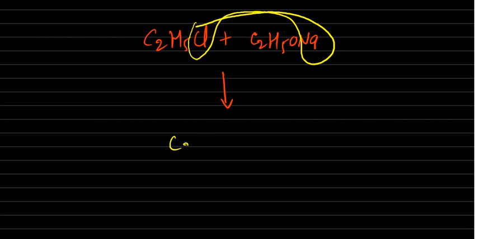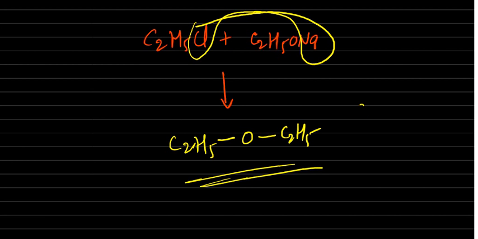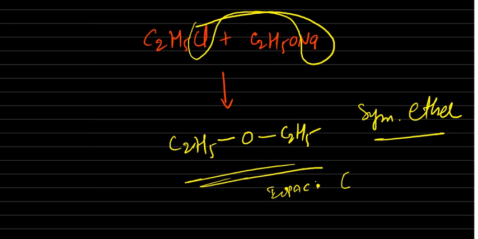Here we will get C2H5-O-C2H5, diethyl ether, a symmetrical ether. The IUPAC name is ethoxyethane. Like this, ethers are formed.